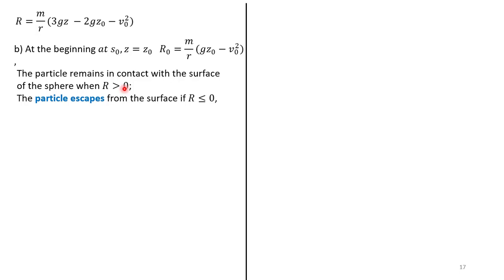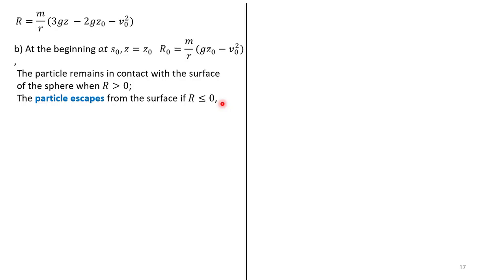So the opposite of this statement is the particle isn't in contact with the surface, so the particle escapes from the surface or leaves the surface if R is smaller than or equal to 0. So the opposite of R greater than 0 is R smaller or equal to 0.